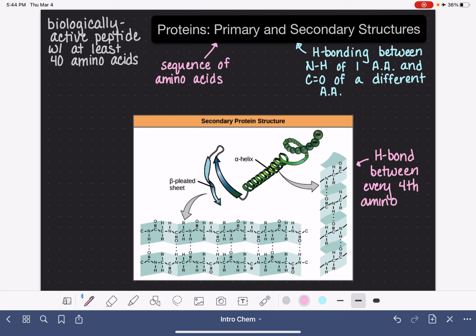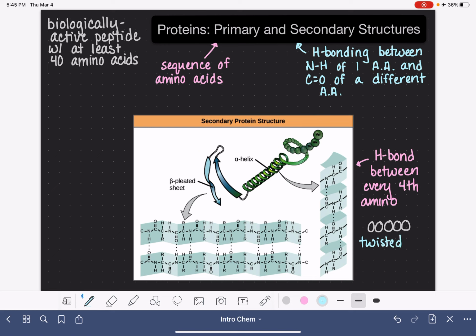So if you have a primary structure of amino acids like this, 1, 2, 3, 4, like that, and the hydrogen bonding is taking place between every 4th amino acid, like this, sort of in this order, this creates a twisted shape to the primary structure. That twisted shape's like coiled, kind of like a spring. We refer to that twisted shape as an alpha helix.